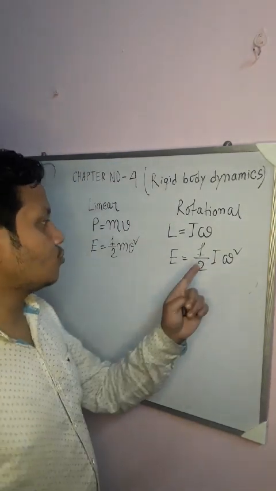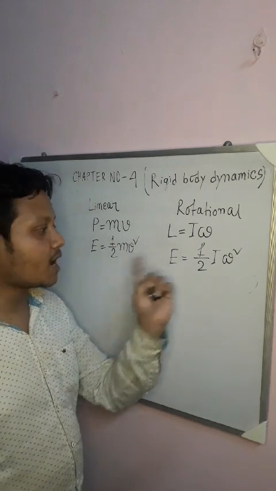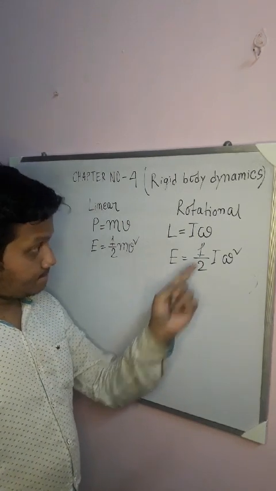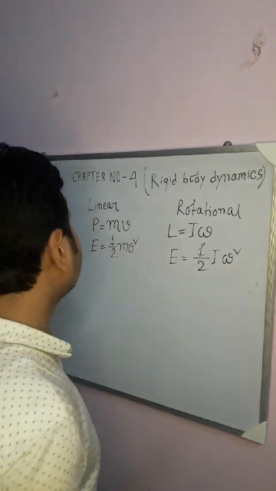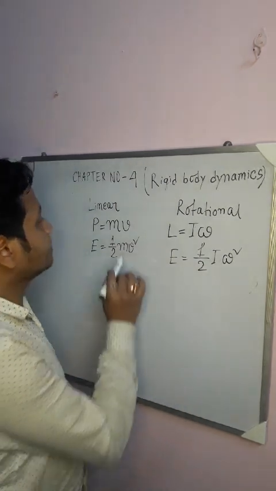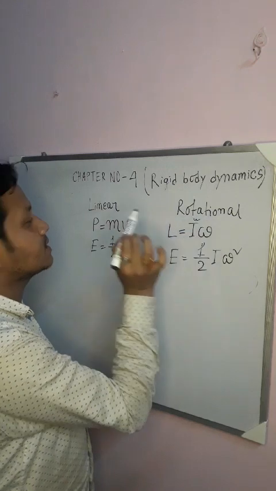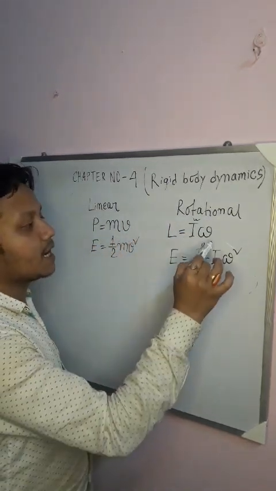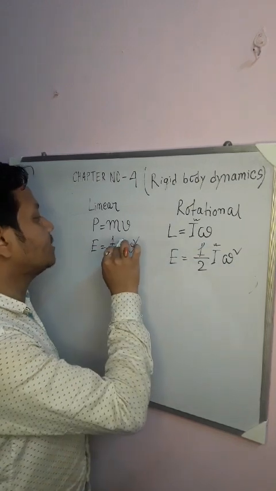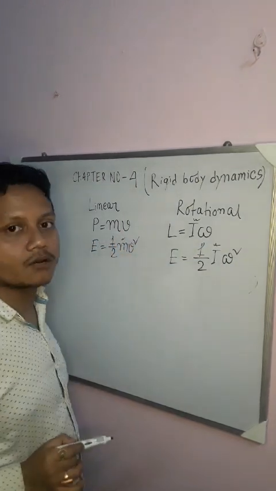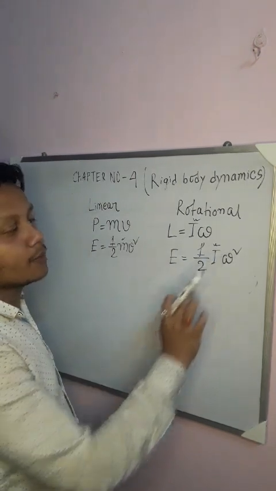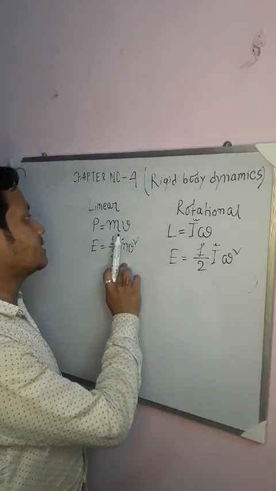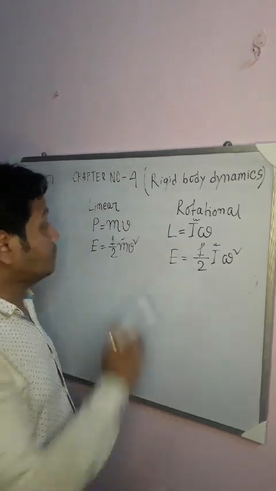Okay, so what similarity do we observe here? I plays the same role as played by m. The role that the moment of inertia plays in rotational motion is exactly the same as that mass plays in linear motion.